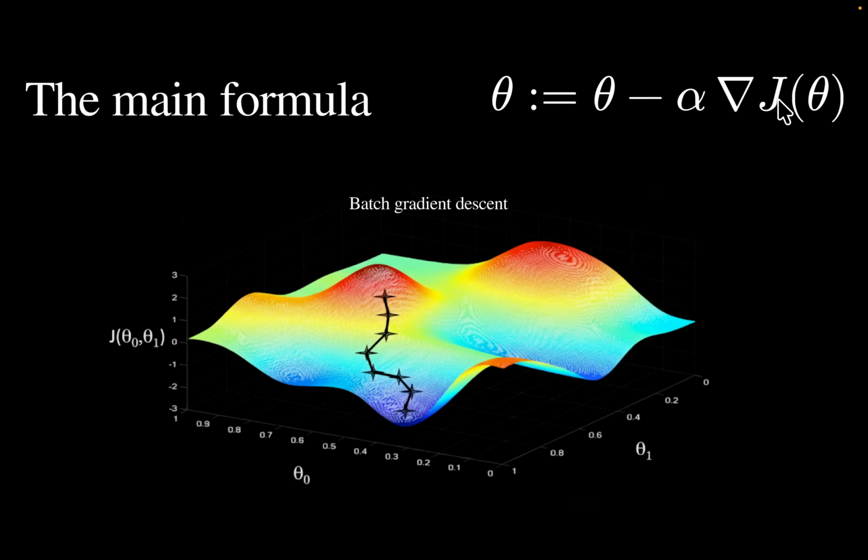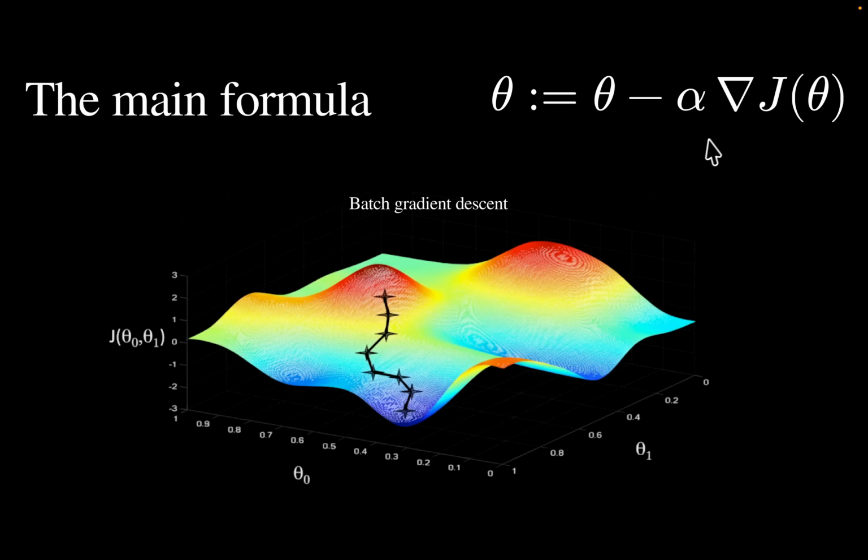So this derivative means that the fastest way to get to the bottom is to go not with, for example, 0.1 and 0.1 for both thetas, but 0.1 for theta 0 and 0.05 for theta 1, because the gradient for theta 1 is lower than the gradient for theta 0.